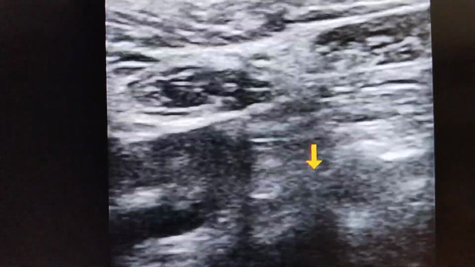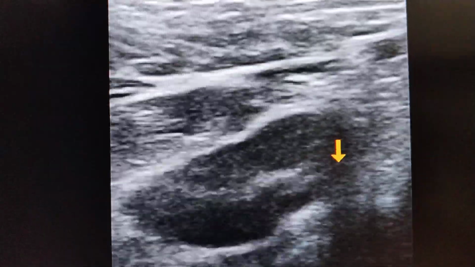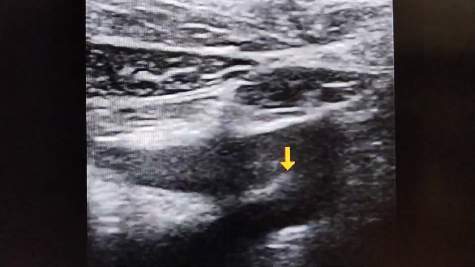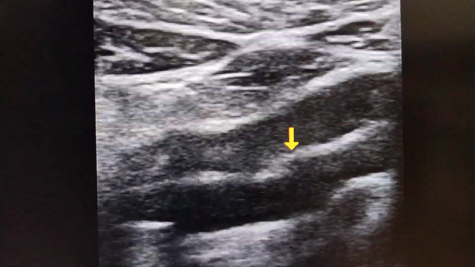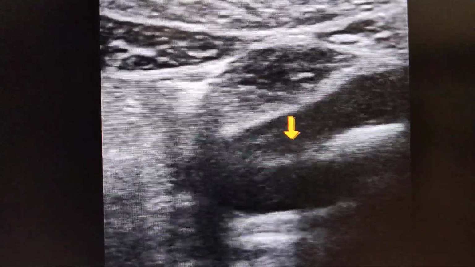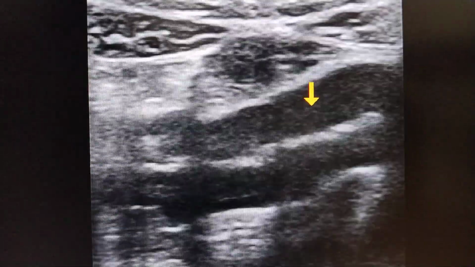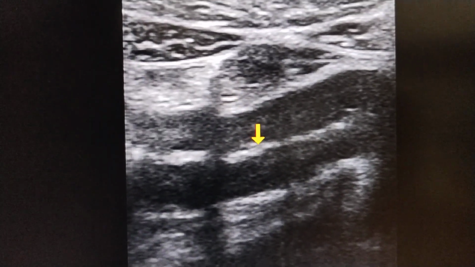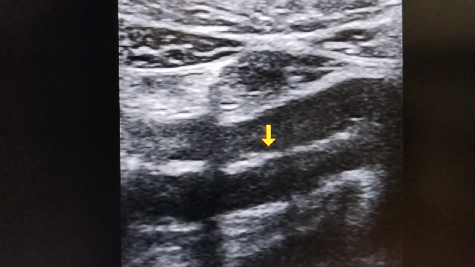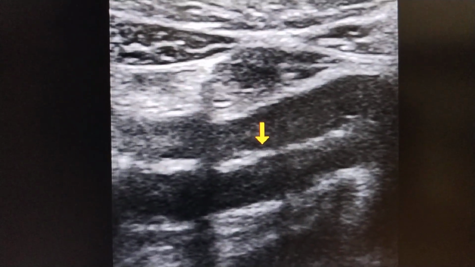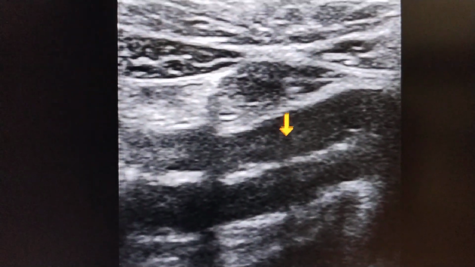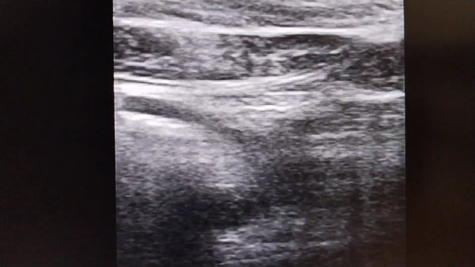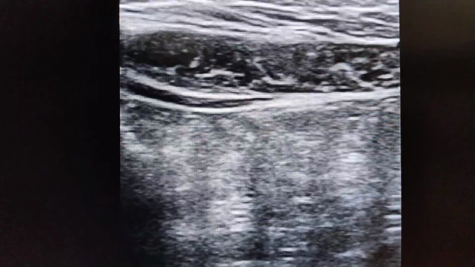And now I am scanning the transverse colon at the epigastric region above the umbilicus. Here we can also appreciate the luminal narrowing and hypoechoic wall of the transverse colon, which is edematous and thick.